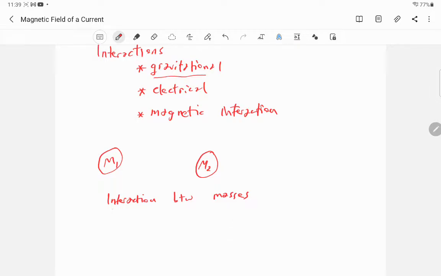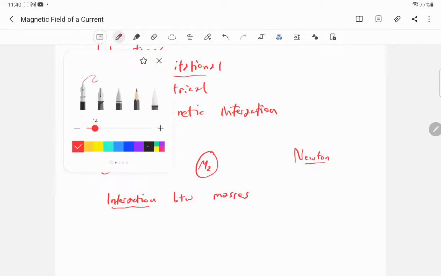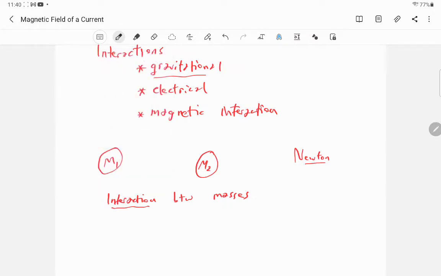Whenever you talk about an interaction, and this might go all the way back to Newton, in particular I'm talking in terms of Newton's third law, you talk about the gravitational interaction.